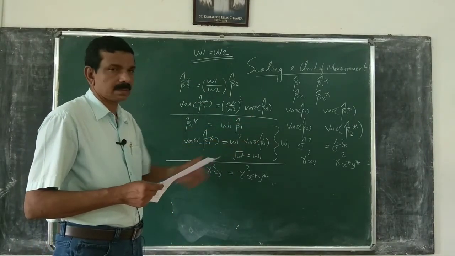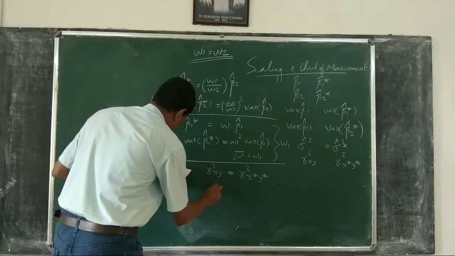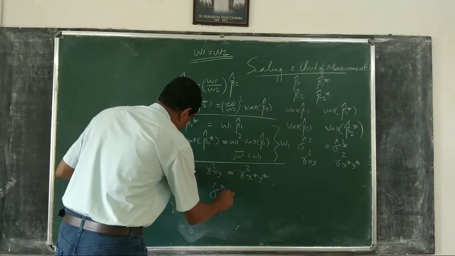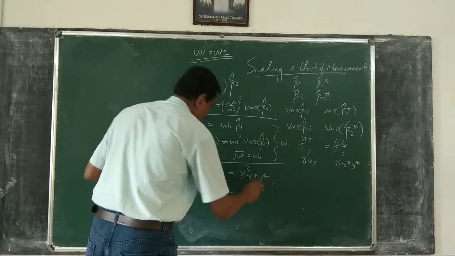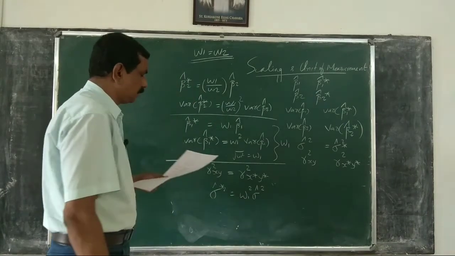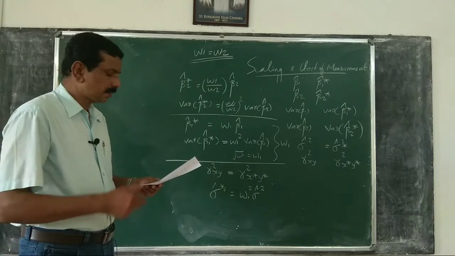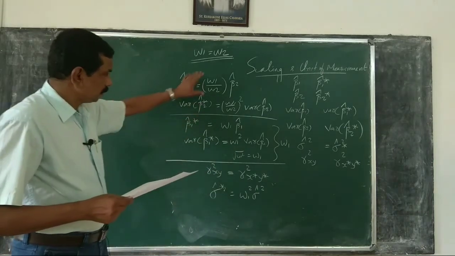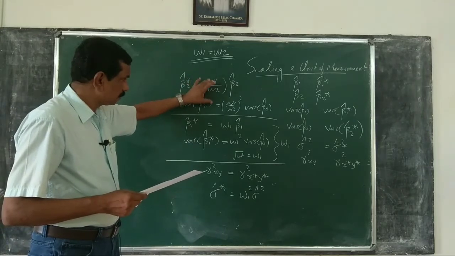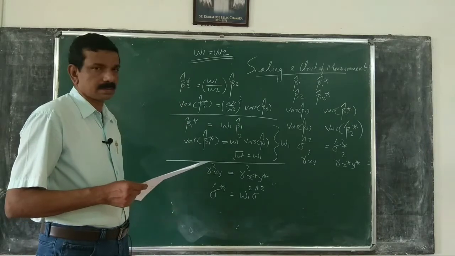And sigma hat star square is equal to W1 square into sigma hat square. These are the results. This is the case in which X and Y are both changed.